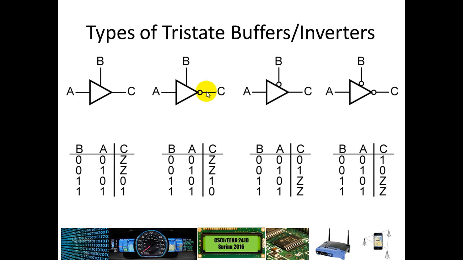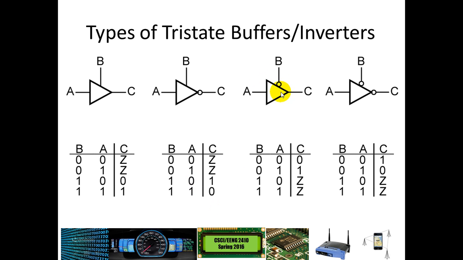Right here, this is an inverter, so normally A would come in and the opposite of A would go out to C, but now the B input is acting as that tri-state buffer to determine if this is connected or not. Here again, if B is a 0, it's not connected, high Z state, and otherwise the opposite of A comes out onto C, as you see right there.